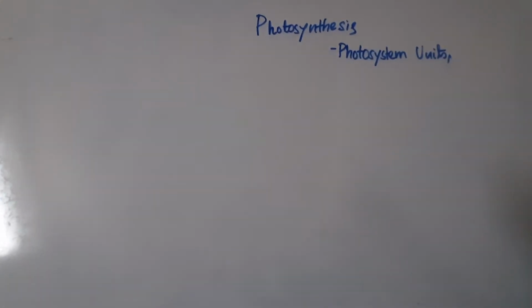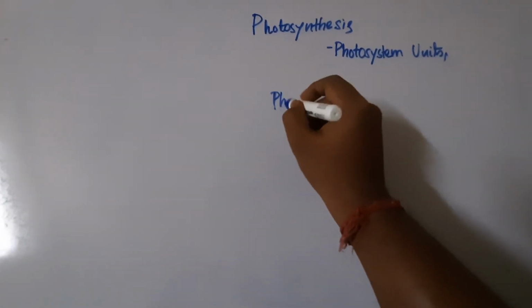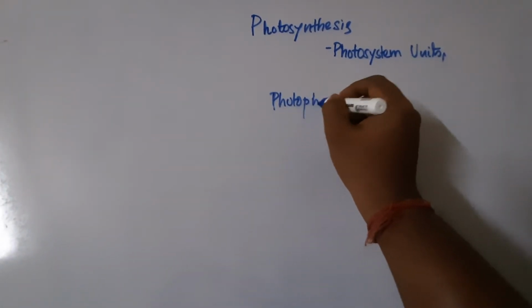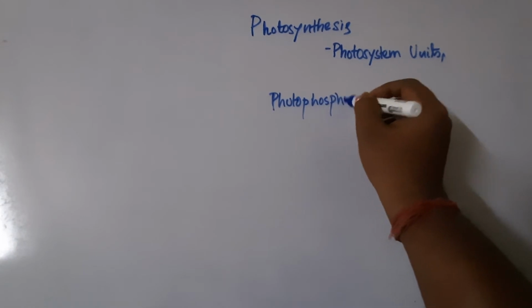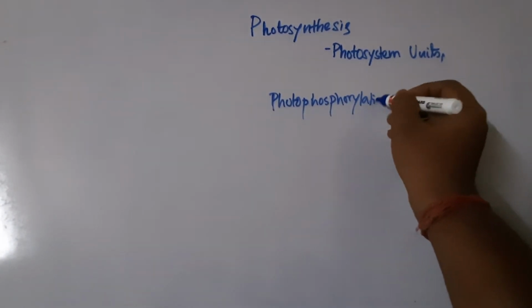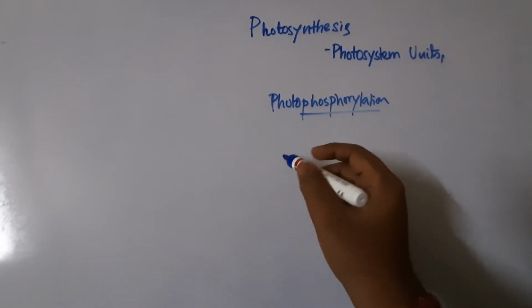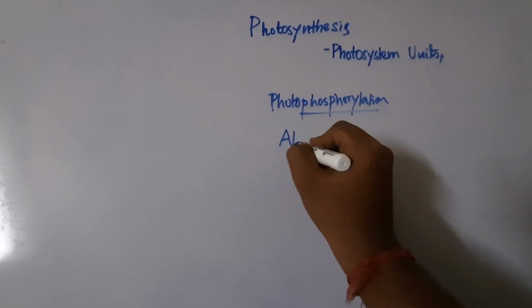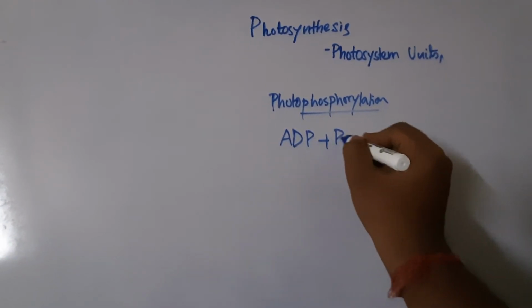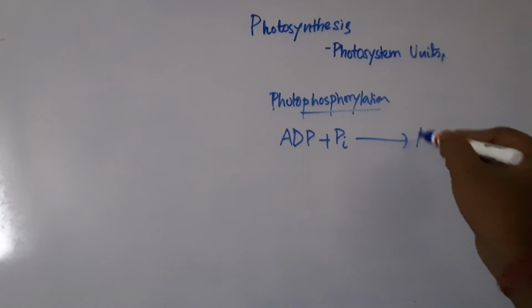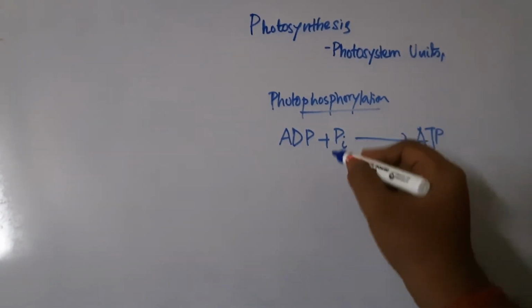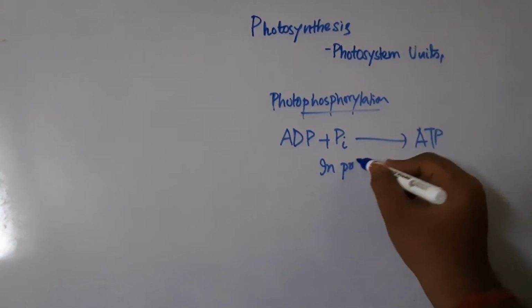Let me tell you a little bit about photophosphorylation. In photophosphorylation, ADP takes inorganic phosphate and forms ATP, and this takes place in the presence of light. So photophosphorylation is the production of ATP from ADP and Pi, and that is why the term photo is there, in presence of light.